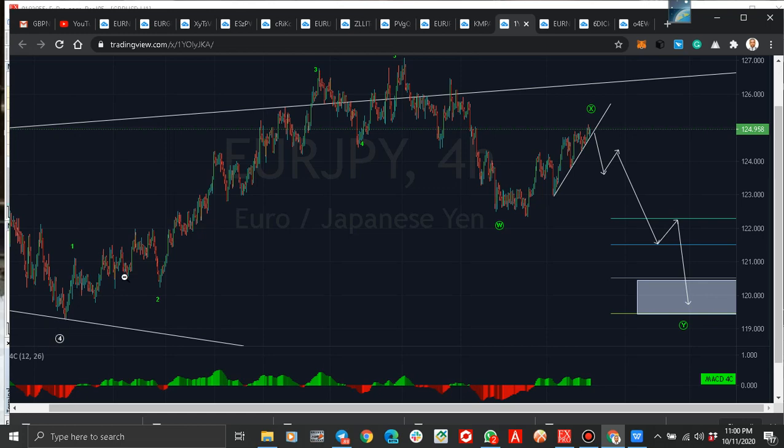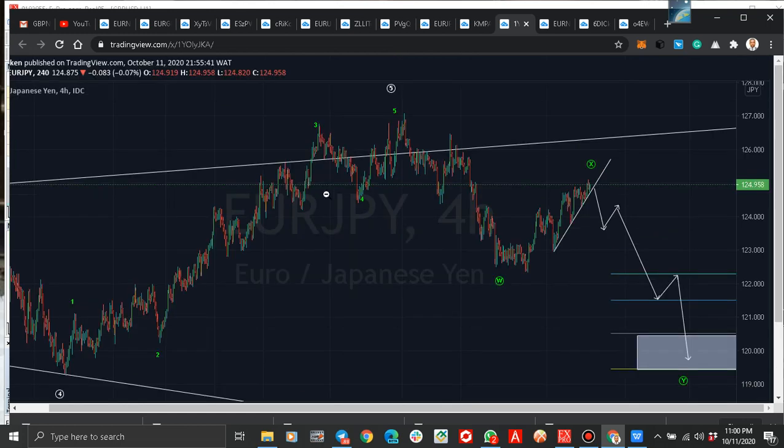You see, we have 1, 2, 3, 4, 1, 2, 3, 4, 5. So, and this is W, X. Y is developing. So what we have here is that either this X is over or it can still come up.